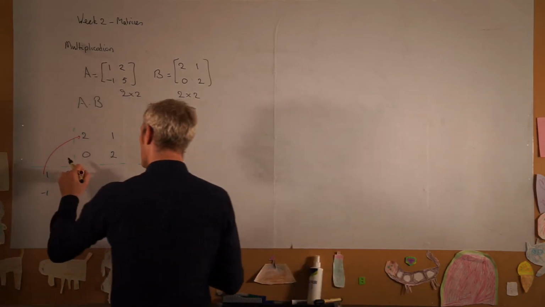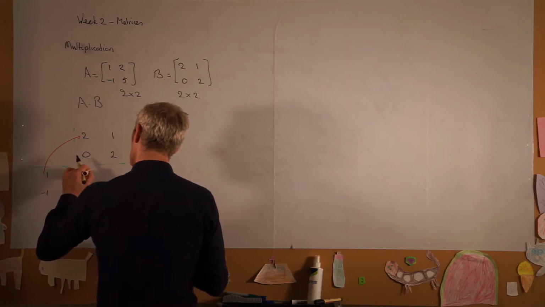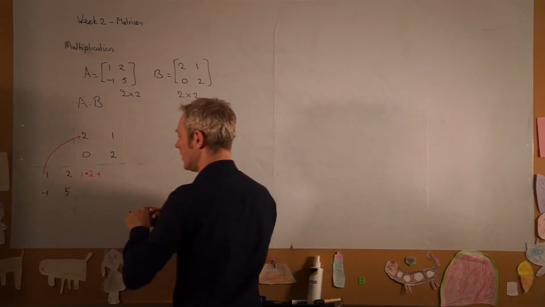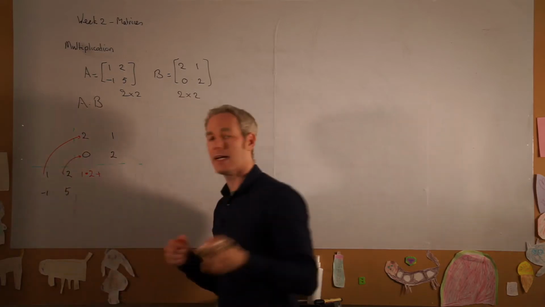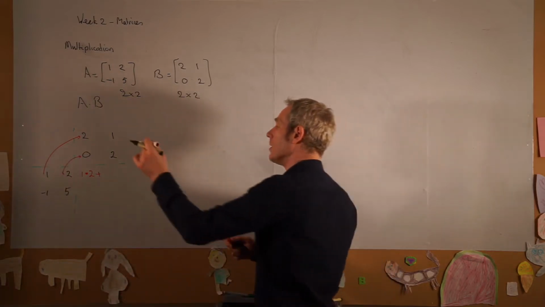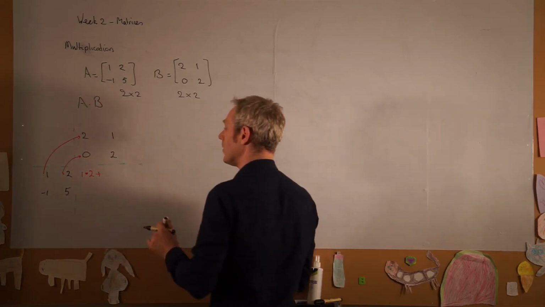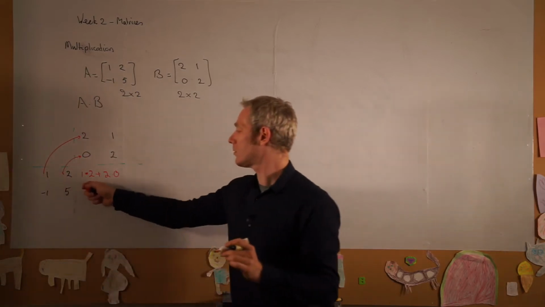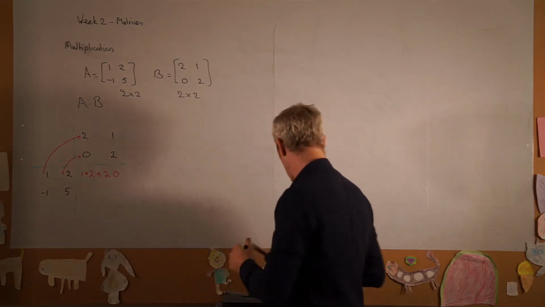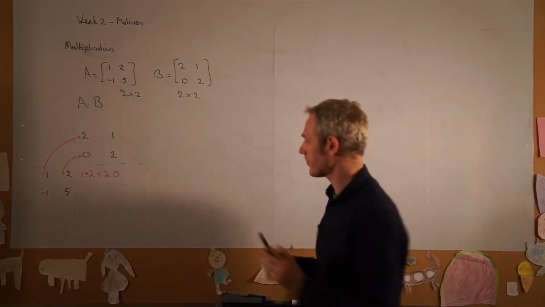So this is 1 times 2, and we add 2 times 0. So the second element of the first row multiplied by the second element of the first column. So 1 times 2 is equal to 2 plus 0, and we end up with 2.